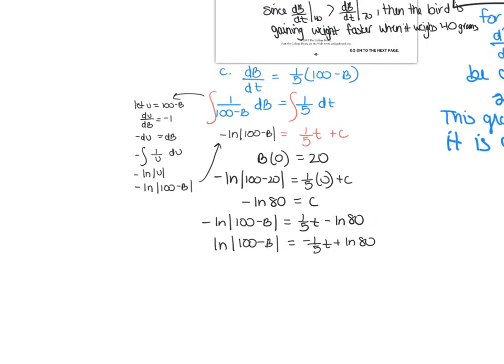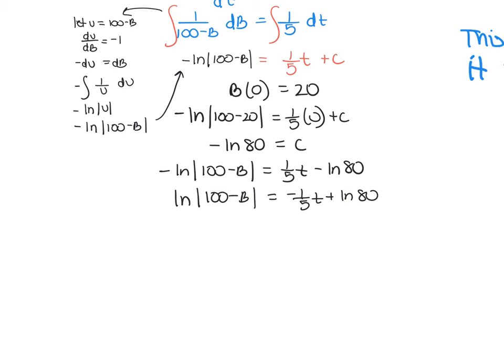And now I can convert this to exponential form. So it'll be e to the negative 1/5 t plus ln of 80 equals 100 minus b. And I can separate that. So I will have e to the negative 1/5 t times e to the ln of 80.